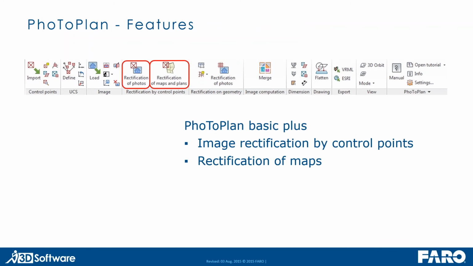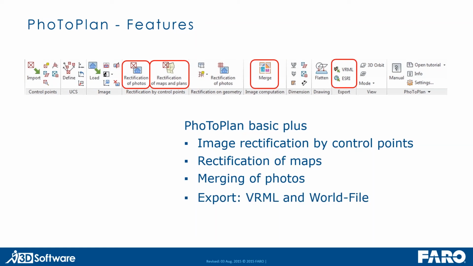It also provides you possibilities to rectify scanned maps, and you can also merge photographs into a mosaic. And we provide you with some export tools into VRML or into Esri World files.